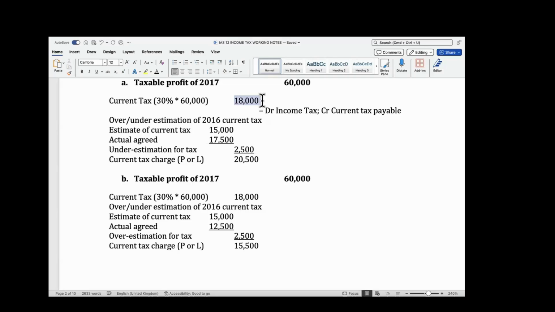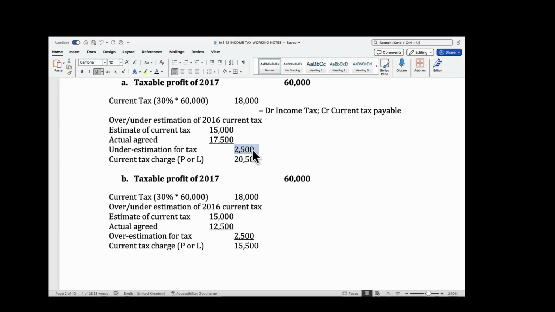Yes, now is this 18,000? That's your liability for this year. It is 18,000. That will be your liability at the end of the year, because that's the tax you are owing for this year. Like I've mentioned, for this adjustment you're making for underestimation in this case of A, it is expected that the taxman will have issued you an additional tax liability of 2,500, which you should settle immediately this year.